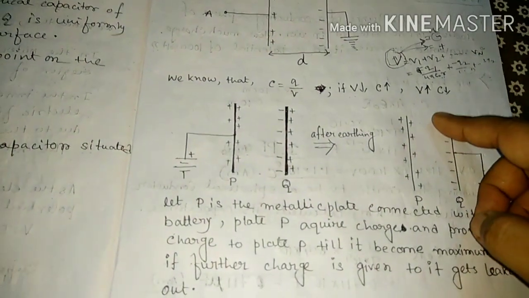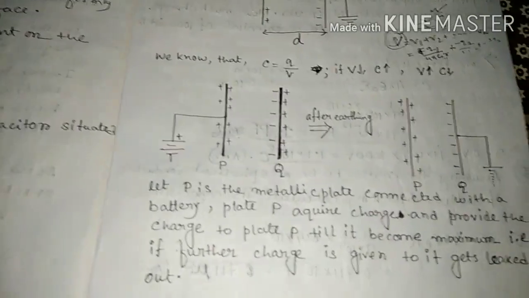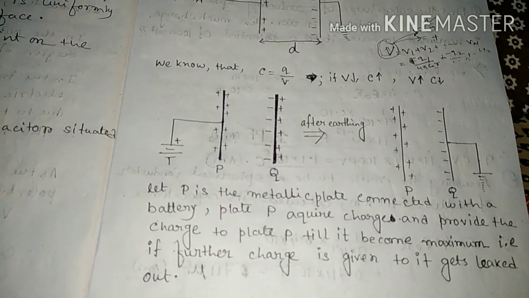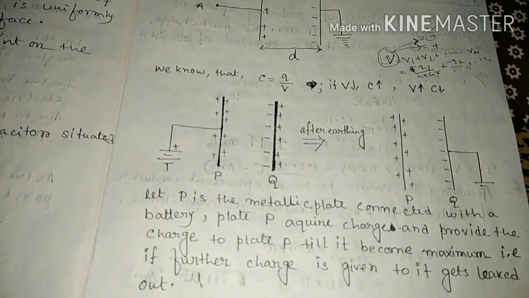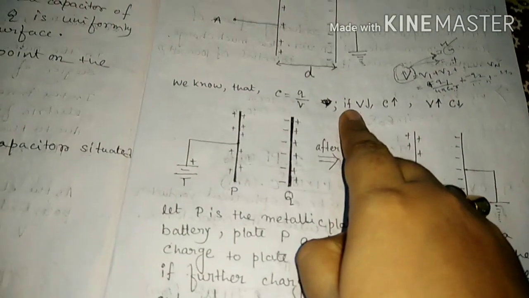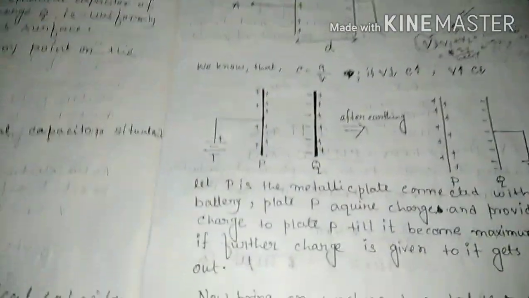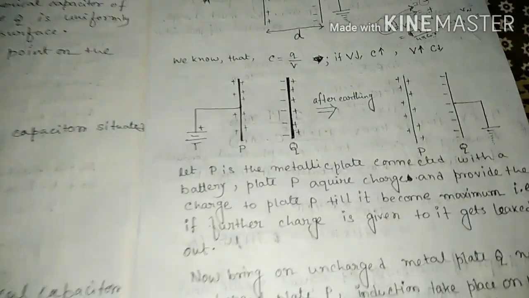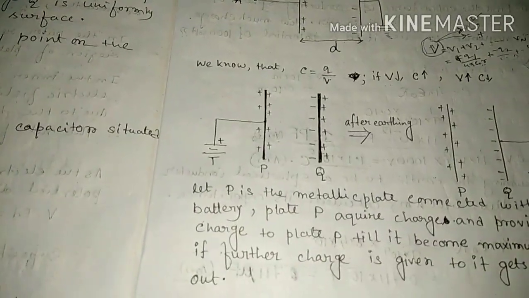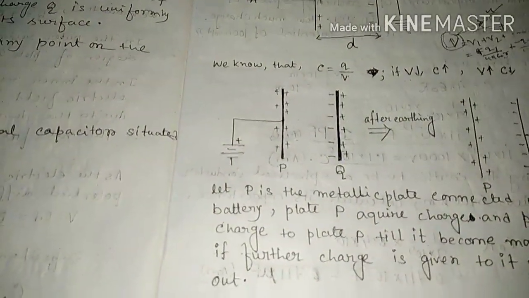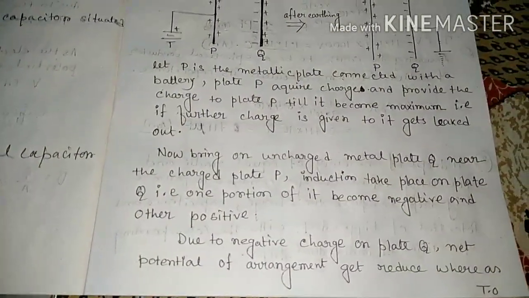So only the negative charges are situated here. Due to these negative charges, the potential at plate P decreases and its capacitance increases. If the potential decreases, the capacitance increases. Understand?